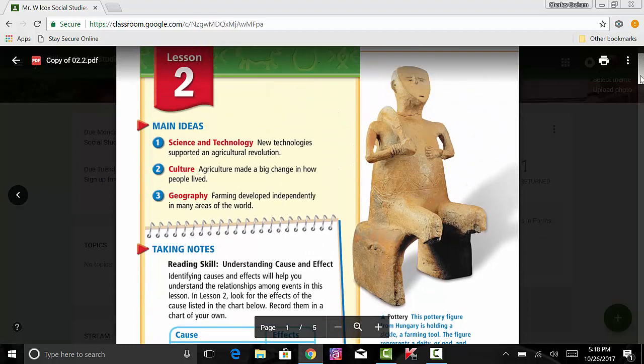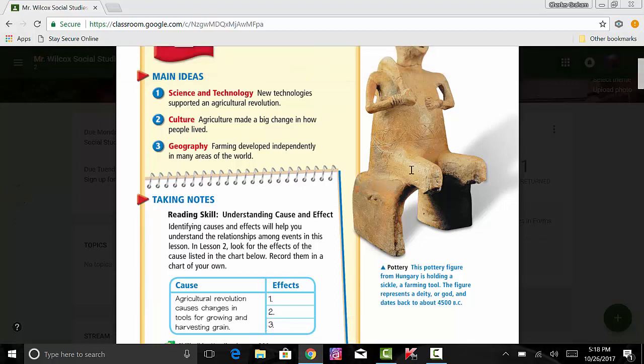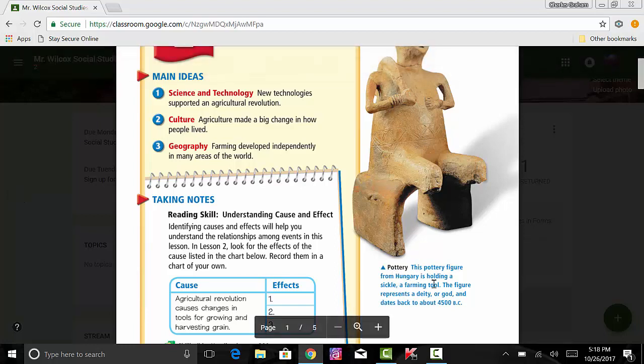We've got this image here. You always read the caption underneath. Find out why they have a picture of this. There's a reason for it. It's from Hungary, and it's holding a sickle, which is used to harvest grain. It's a farming tool. This figure represents a deity or a god, and it dates back to about 4,500 BC.